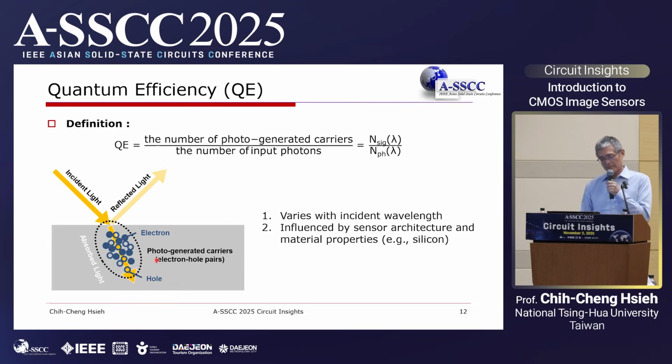So if you want to detect different wavelengths, you need to consider different materials. For example, silicon is very good for visible light, but it cannot detect wavelengths maybe more than 1,000 nanometers. That means that it cannot detect the near infrared range.